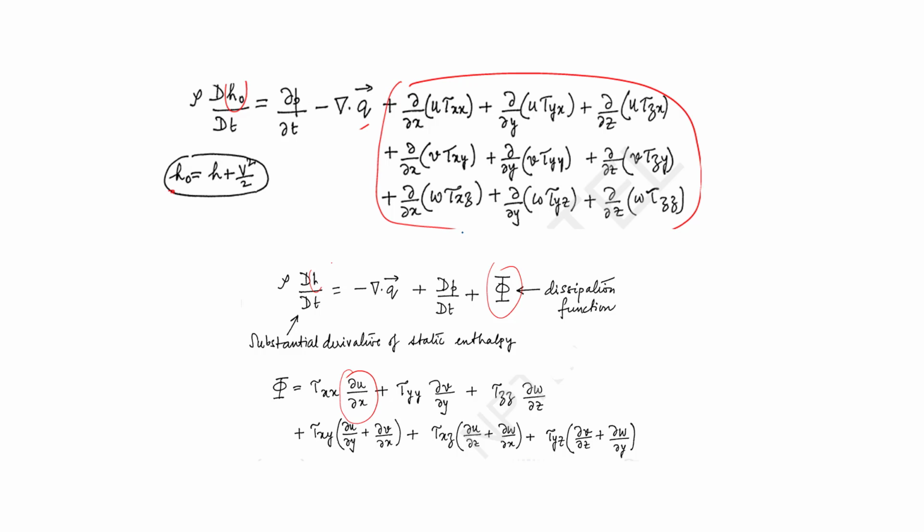Okay, so let's see the energy equation. Rho dH naught upon dt equal to dou P upon dou t minus del dot q vector plus dou by dou x of u tau xx plus dou by dou y of u tau yx plus dou by dou z of u tau zx, plus the corresponding terms for v with tau xy, tau yy, tau zy, and for w with tau xz, tau yz, tau zz.